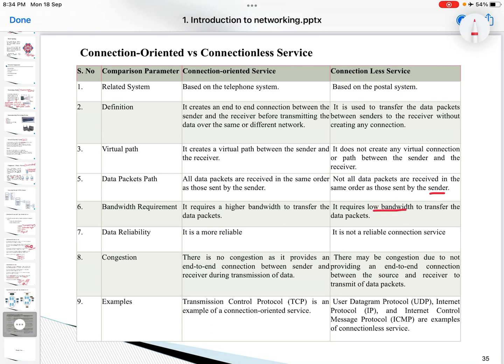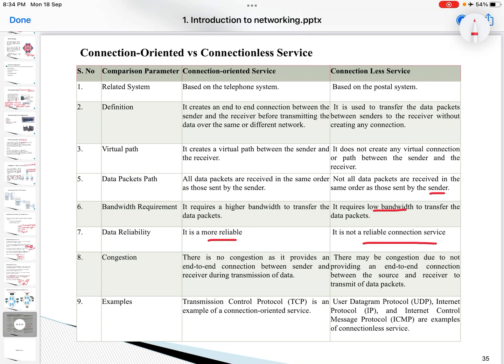It requires a lower bandwidth. It is more reliable. It is not a reliable connection service. Congestion: there is no congestion as it provides an end-to-end connection between the sender and the receiver during transmission of data. There may be congestion due to not providing an end-to-end connection between the source and the receiver to transmit the data packets.